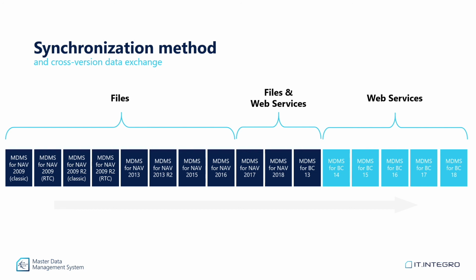The same thing for versions since NAV 2009 until Business Central 18, you can use web services. If you would like to exchange data between, for example, NAV 2009 and Business Central 18, then you would need to have the master company set up on one of those versions with both files and web services to share the data with the local companies in one of these two formats.